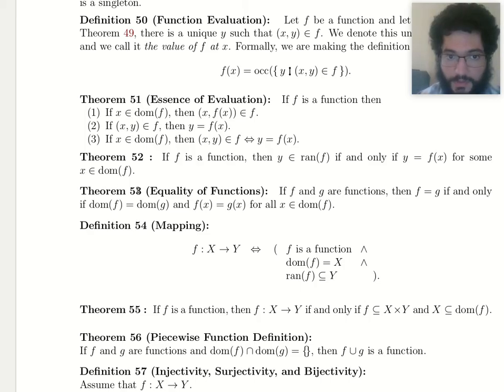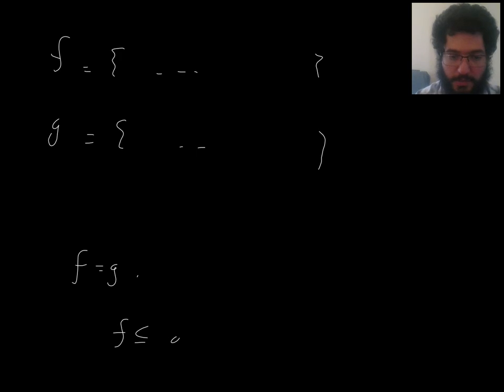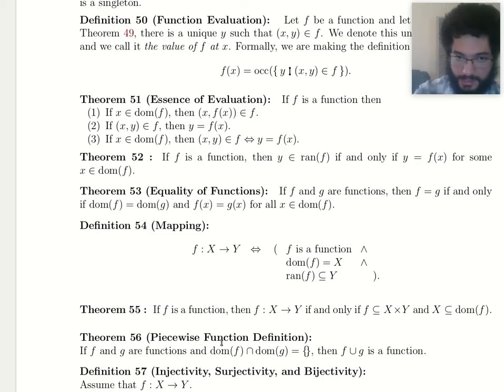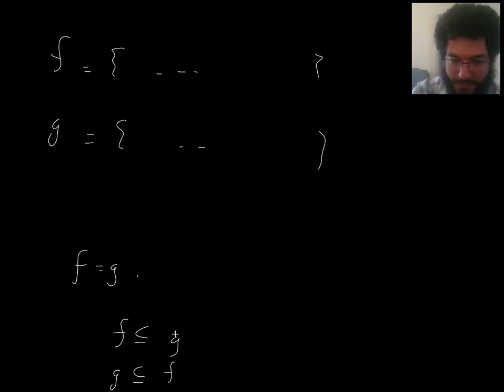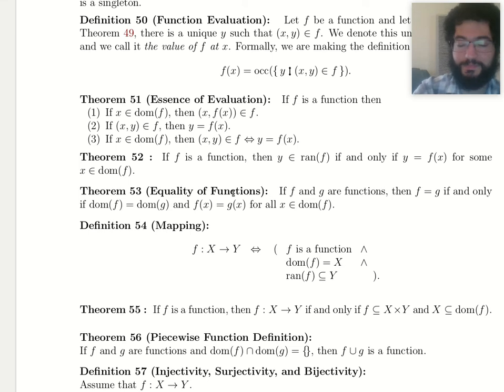Then I ask you, okay, now prove f equals g. What is a way to do this? Well, before having Theorem 53 available to us, you would do it by proving these two inclusions, right? F is a subset of g and g is a subset of f, which is actually what you will do to prove Theorem 53 here.